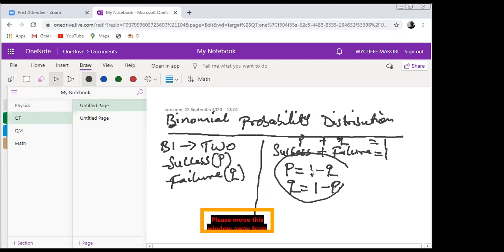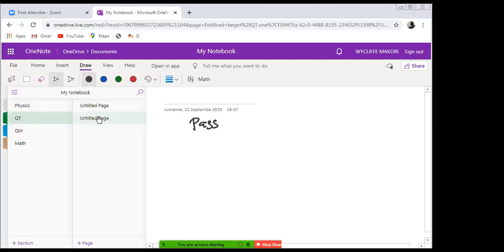After having noted that, I was at the point where I was giving an example. You have 10 students, and you give them maybe a CAT. The probability of a student passing the exam is maybe 1 over 6. I don't know why my internet looks unstable.